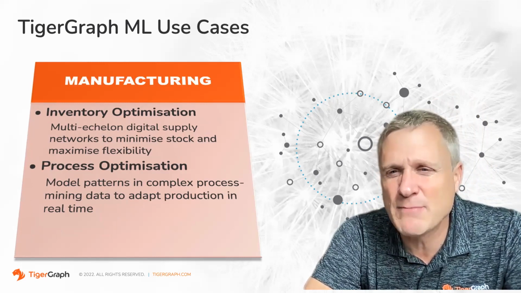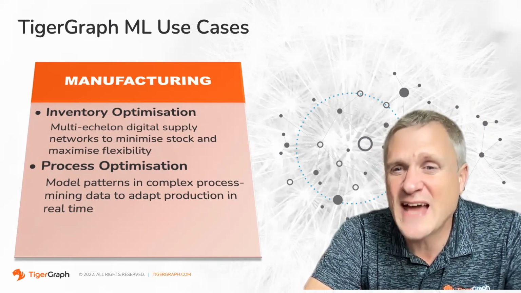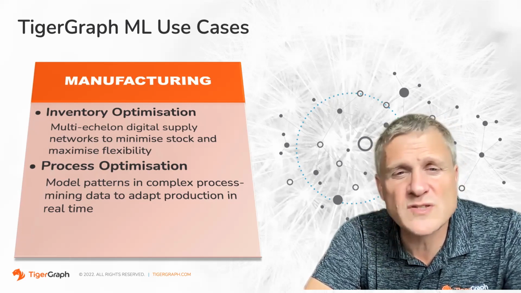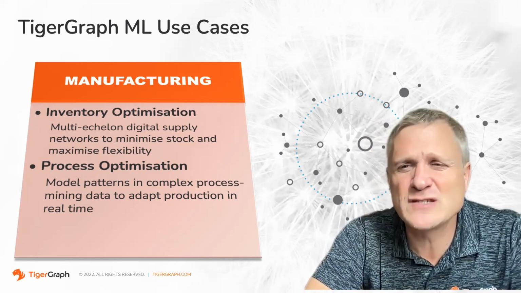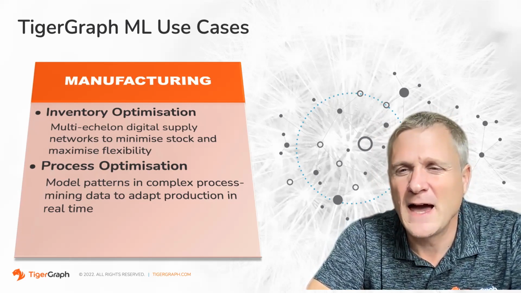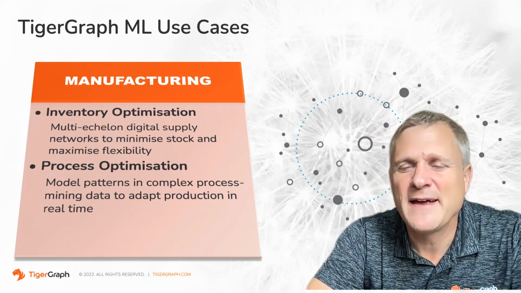You want to maximize flexibility and use all the possible optionality within your network to get around problems of supply that we're all seeing at the moment. Process optimization, I guess, is some similar thing. Lots of manufacturing businesses have process automation software, process mining.